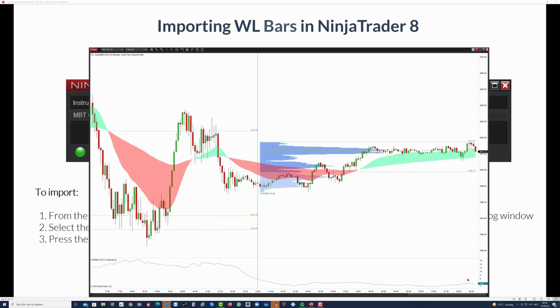And why do I want to use the average true range? I want to see what the volatility of the market is. Now at the moment, of course, the volatility is very small. It's about 13 ticks, which is very, very little on 5 minutes.